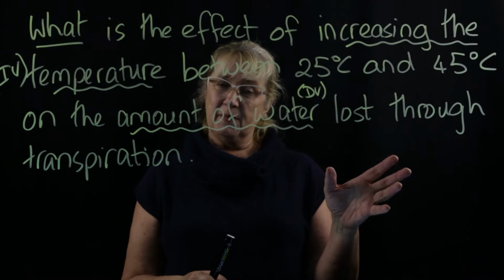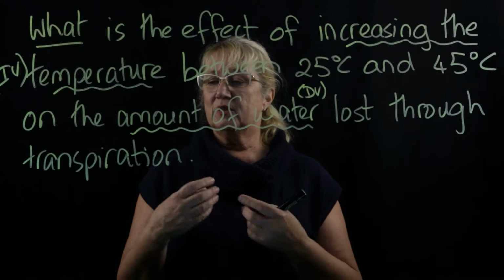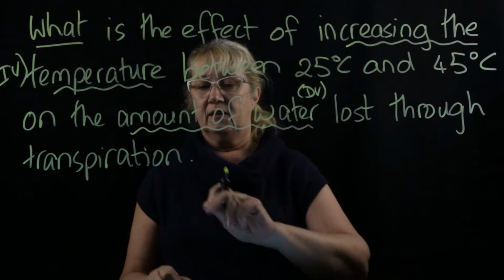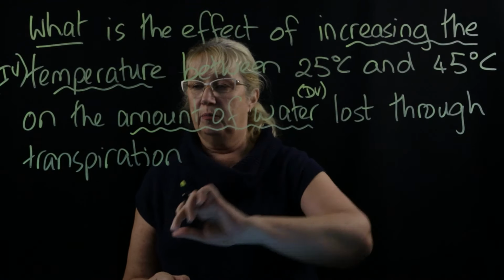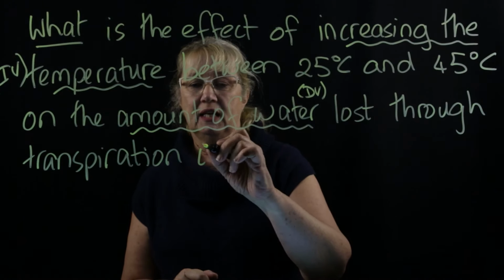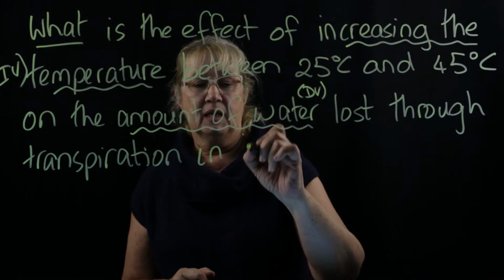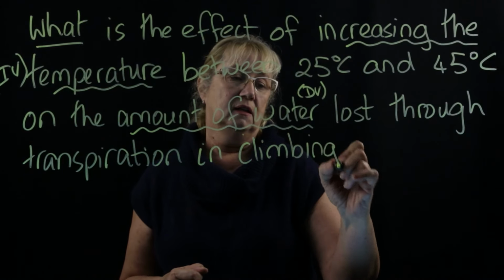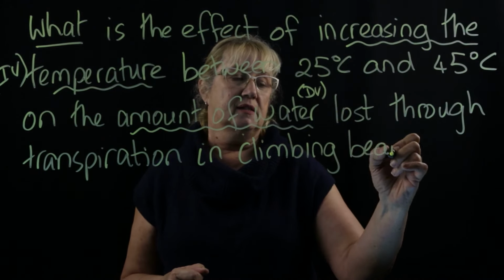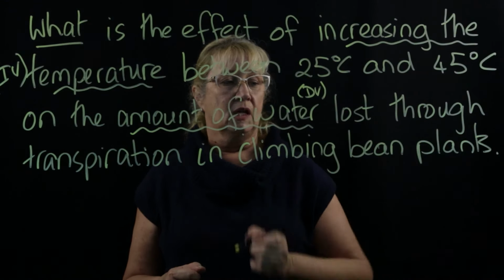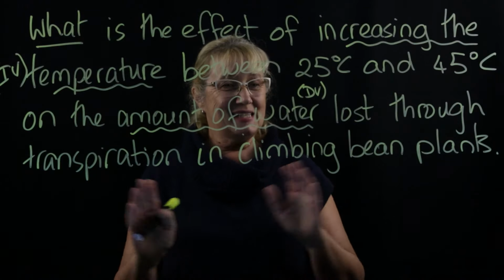So I'm going to pick something that's easy to grow, because you don't want to be struggling with the plants. And fortunately I know how to grow beans. So the amount of water lost through transpiration in climbing bean plants. Done. I can test that in a lab.